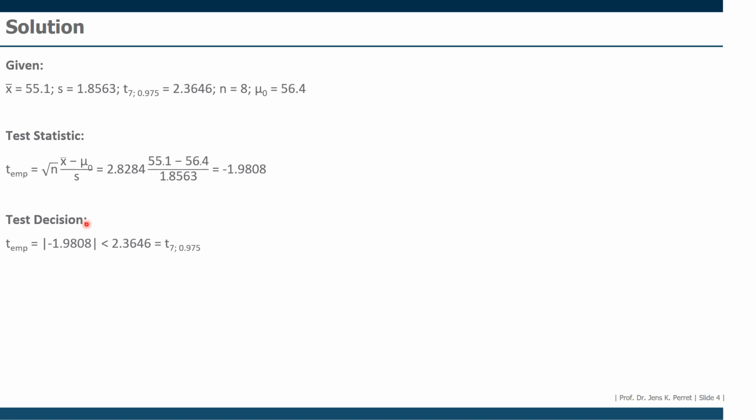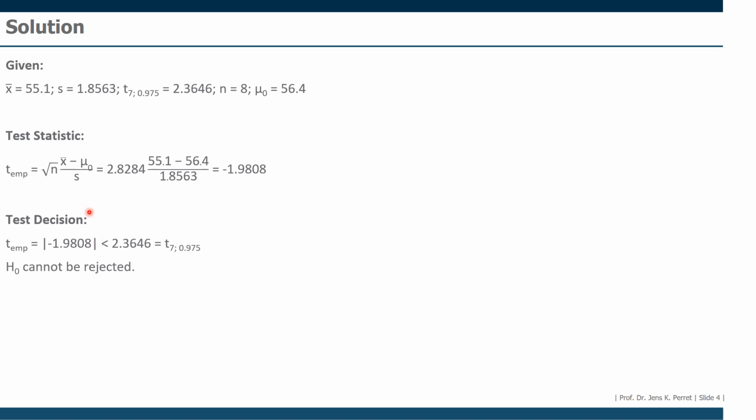Here we're going to compare, as I said, the absolute value of the test statistic with our reference statistic, with the quantile we determined in the last slide. And we're seeing here, the absolute value is definitely smaller than the reference statistic. So this means the test statistic is absolutely smaller than the reference statistic. And this implies that we cannot reject our H0 hypothesis, meaning we have to keep this.